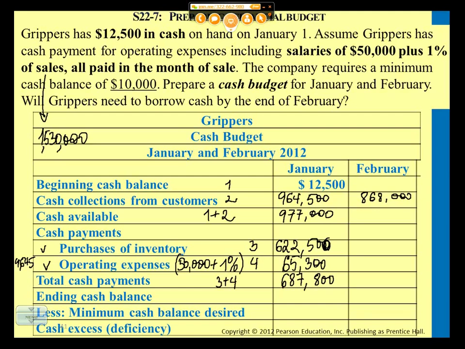So what is 9,645? This is the 1% of this number. Okay, so we're calculating 50,000 plus 1% of sales plus 1% of cash collected. No, your sales are done. Okay, you made some sales for cash and some sales for credit. So some are just not given to you, and I'm giving you that number.